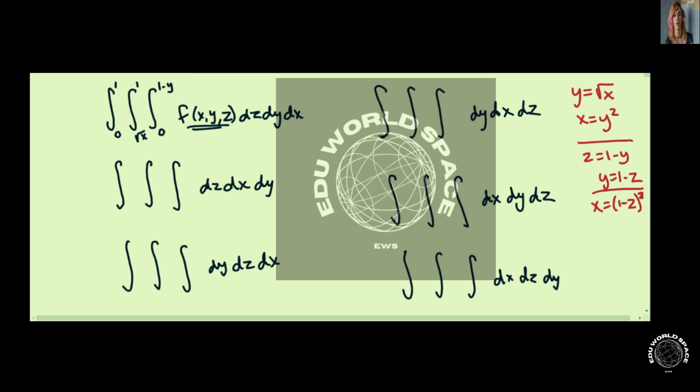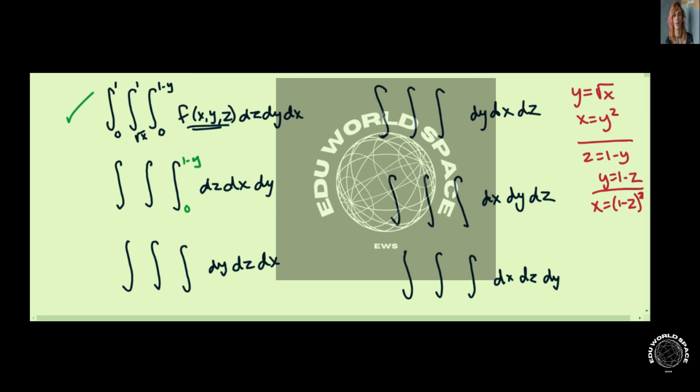So let's come back to our problem here. First one. Again, we've been given that one, so we don't have to go back and look at that. So what if I did dz, dx, dy? Well, let's look at z first. How does z relate to the other variables? Well, z equals 1 minus y. So I can say that z is going to go from 0 to 1 minus y.